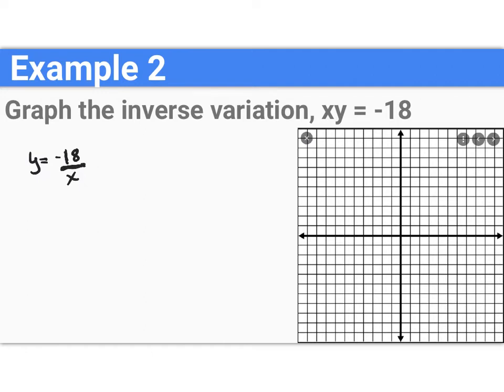I am going to graph this on my graphing calculator. Now that we have this, let me pull up the table first so you can see the points. Let's deal with the whole numbers on the graph. When x is negative 6, y is 3.